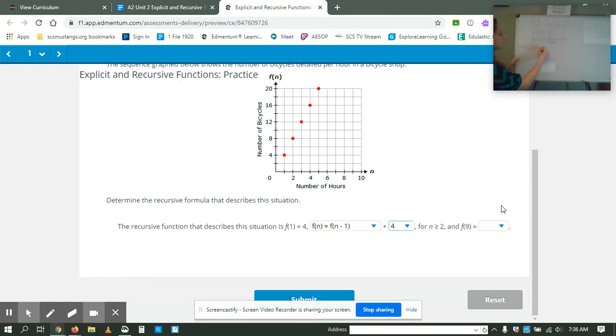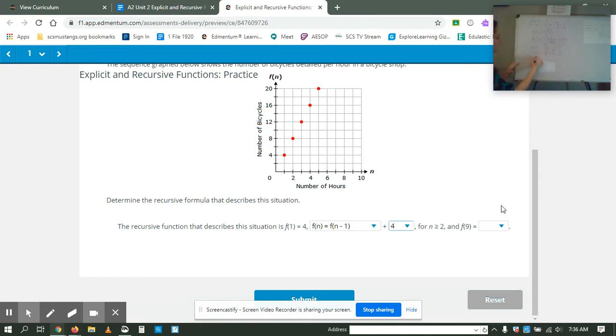So if f of 1 is equal to 4, in order to find f of 2, I'm going to take the term before it. So the 4 from here is the one that's going to go here. So 4 plus, and then I'm taking this term right here, 4, and that is equal to 8.